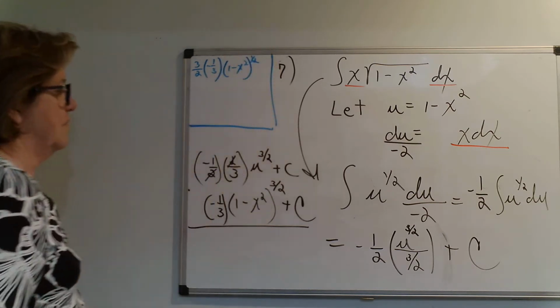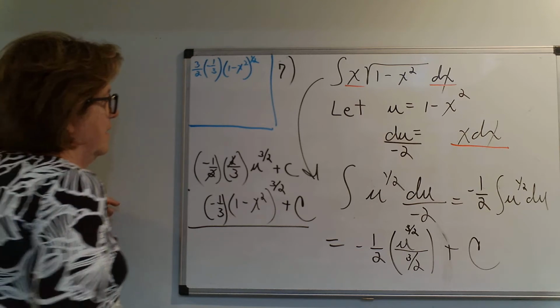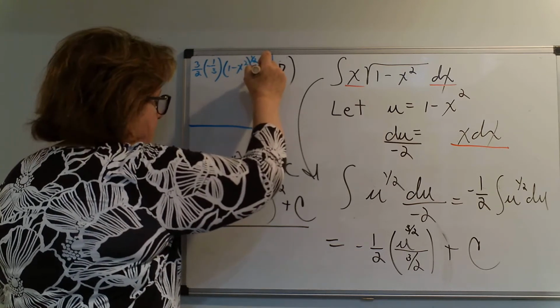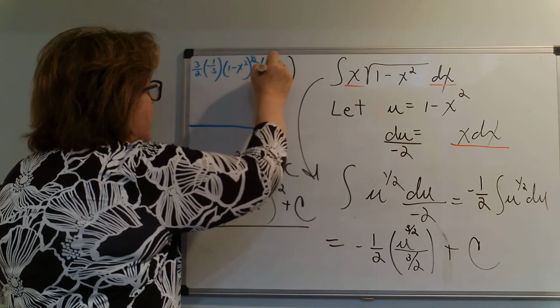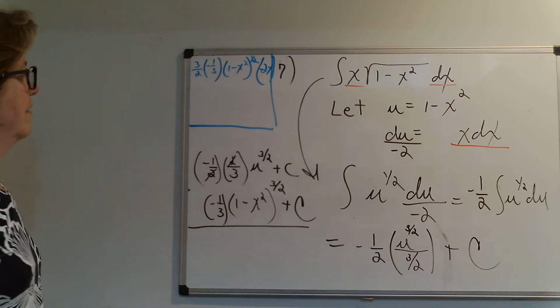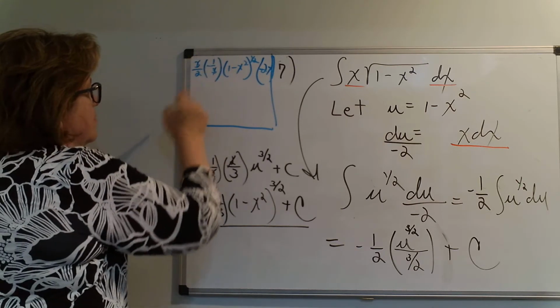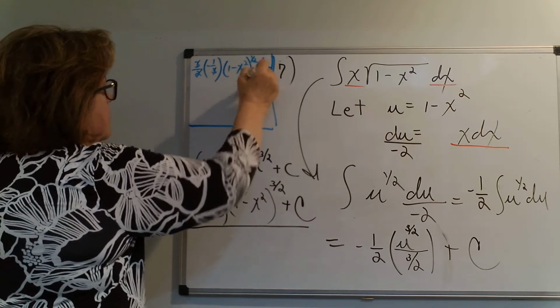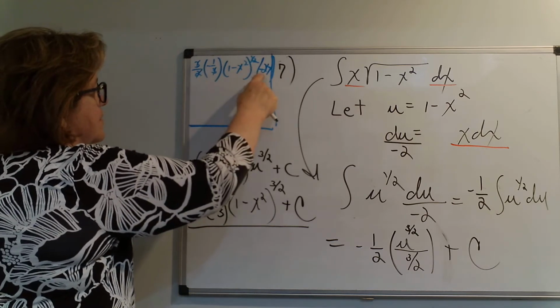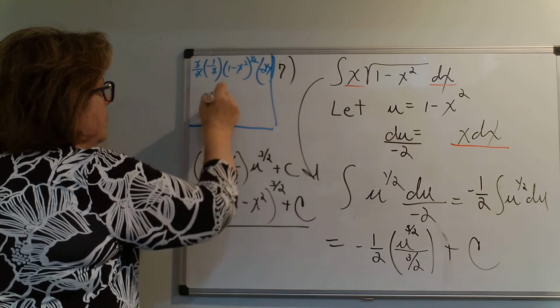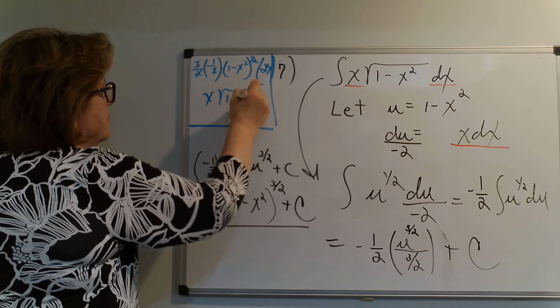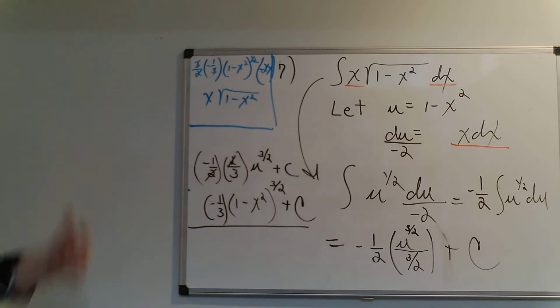So 3/2 minus 1 would be 1/2, times the derivative of the inside, which would be negative 2x. So the 3's would cancel. This 2 would cancel with this 2. This negative and this negative would cancel, and we'd be left with that. It works.